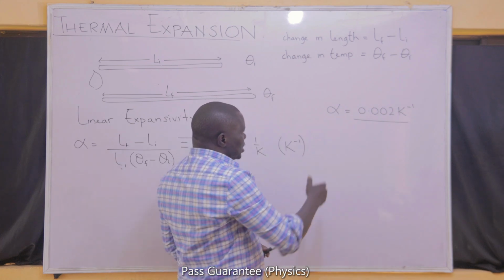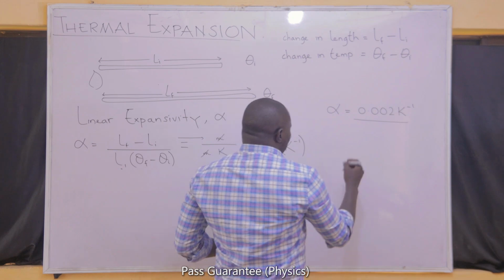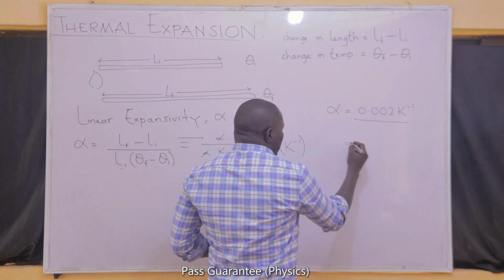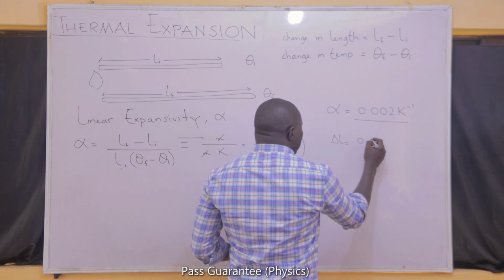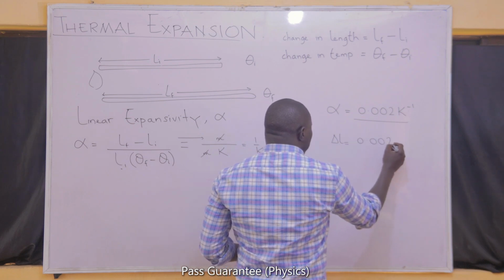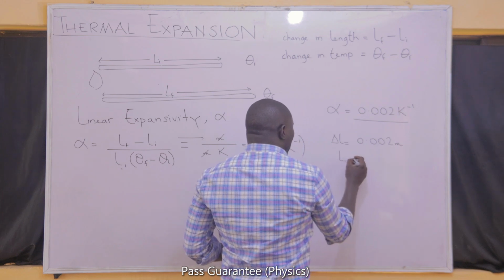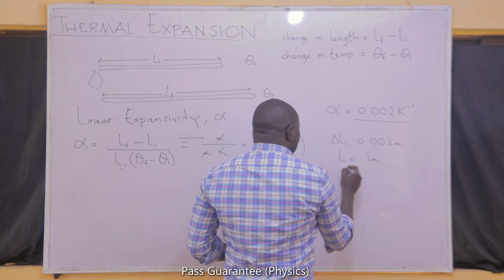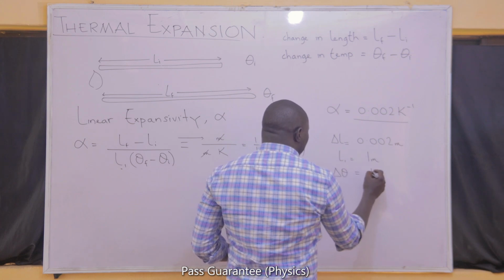So if the linear expansivity of a material is 0.002, what it simply means is this material will undergo a change in length of 0.002 meters if I heat 1 meter of its length through a temperature difference of 1 Kelvin.